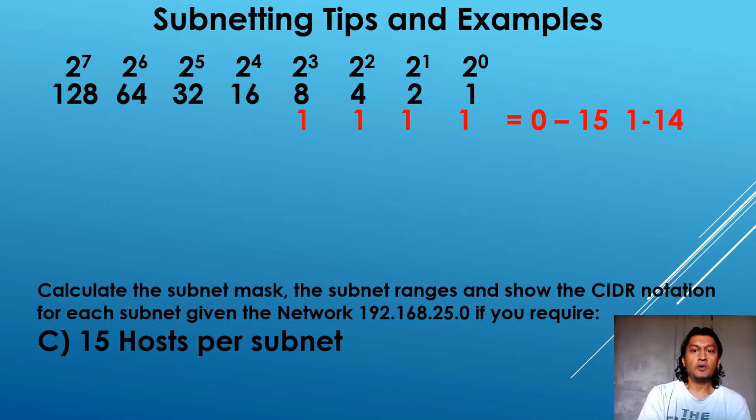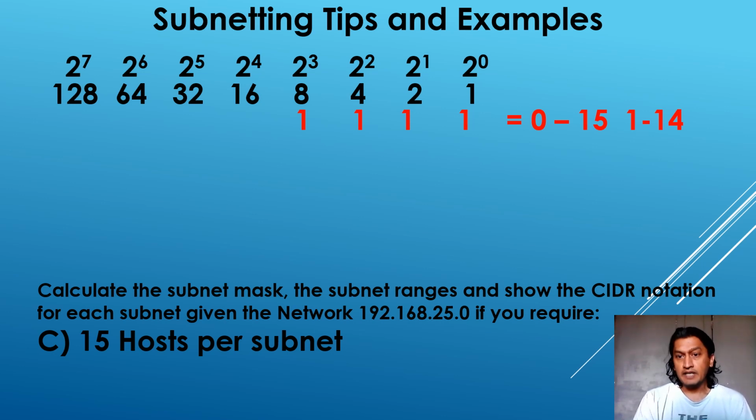But there's a small problem here. Remember in some of our other videos, we discussed the first and the last address in any subnet or network. The first address is reserved as the network identifier. It cannot be assigned to any host. The last address is the broadcast address for that subnet.